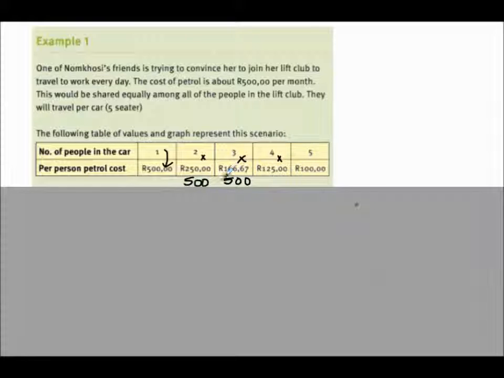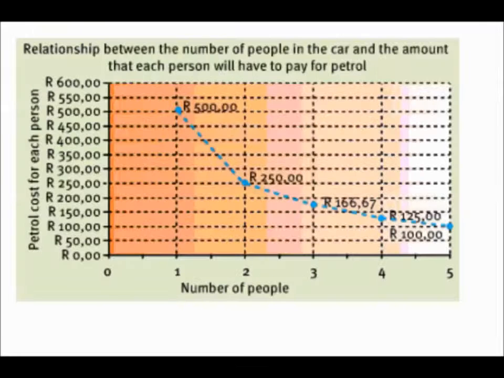So the product is constant. Remember, in linear we had a constant difference, so when I subtracted these two, I got the same value each time. But in inverse proportion, if I multiply these two together, I must get the constant product.